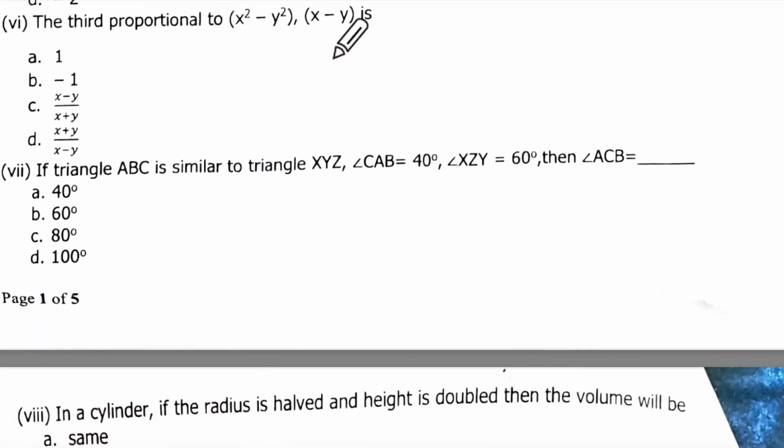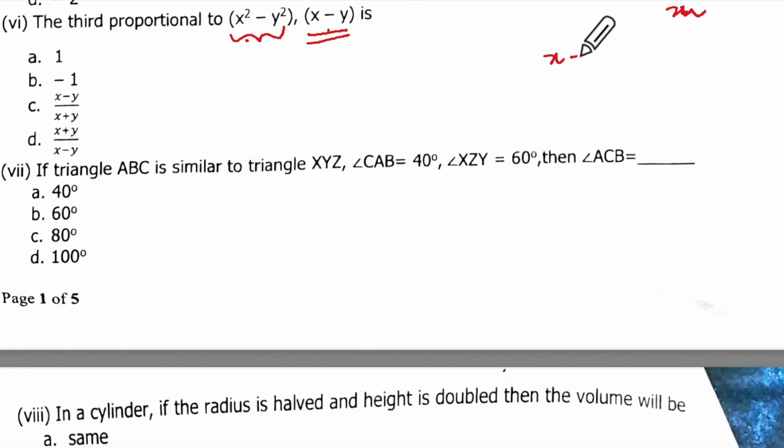The third proportional to this is, let us say, x. Then this will be the mean, and let us call this m. So this and m are in proportion.